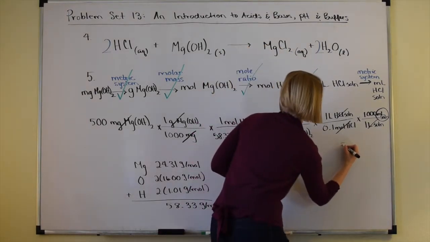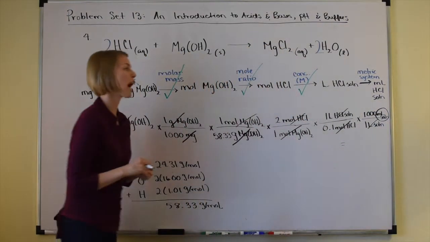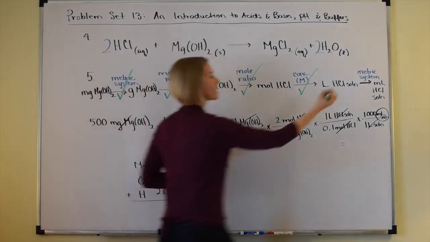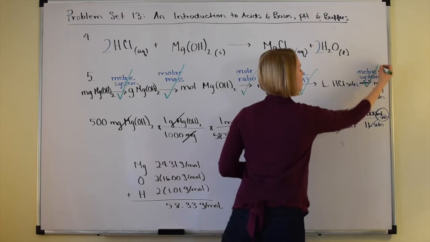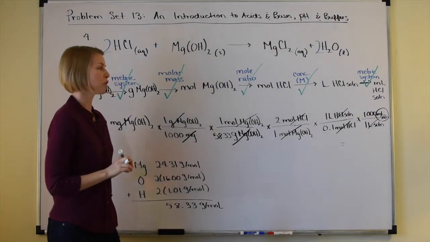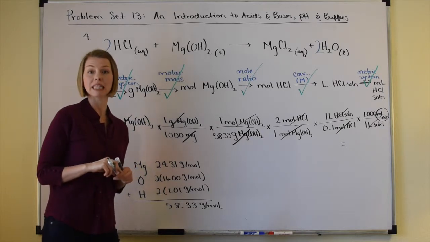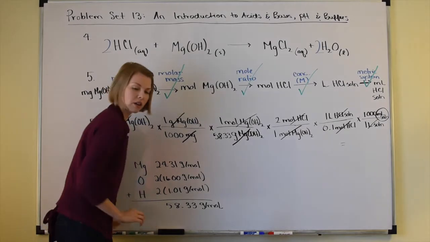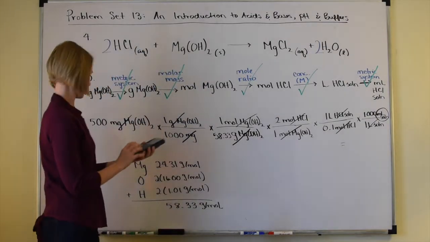So now, put my equal sign here, I'm ready to type all of this into the calculator. But first, let me just check off that last step that I set up in the problem to convert between liters and milliliters. Okay, grabbing my calculator.